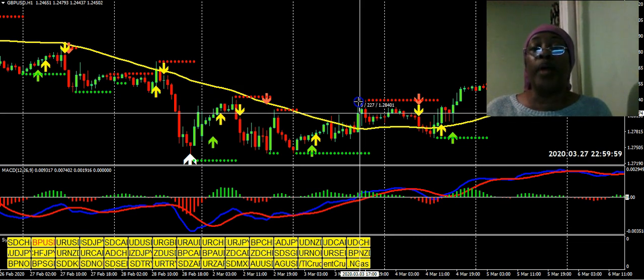So the 1.28401 becomes your take profit for 22.7 pips. Now, were you in the market long? You see that first number, the 0? That is your candle counter.